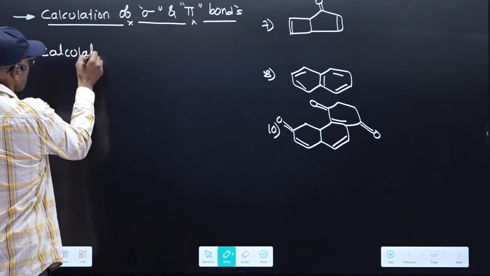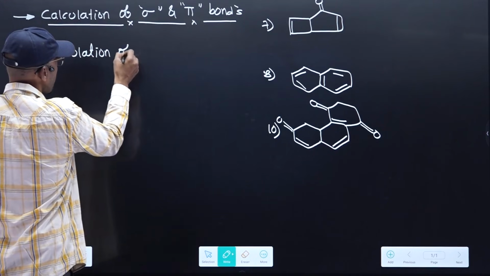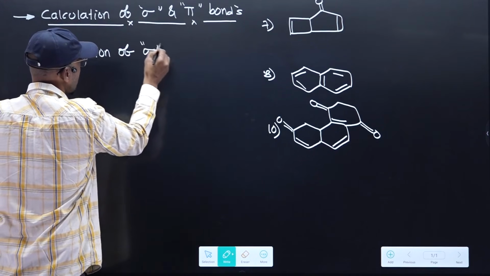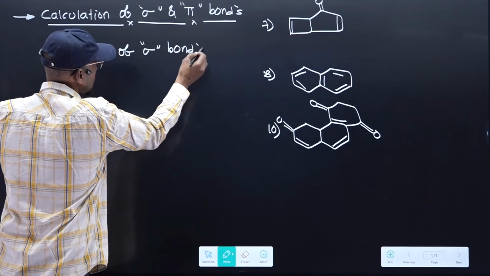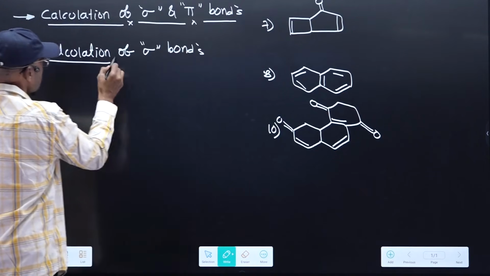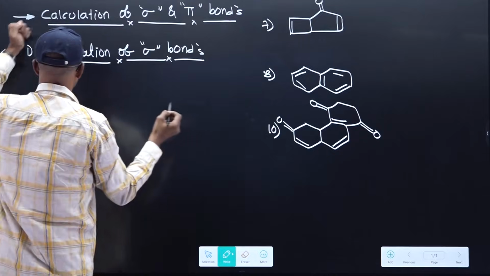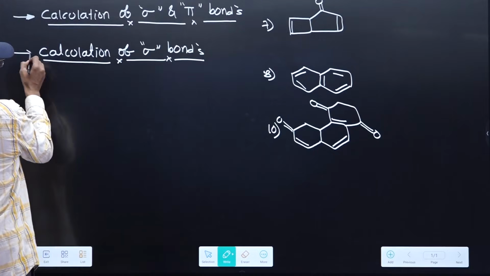First, calculation of sigma bonds for various molecules. Then I will show how to calculate pi bonds.